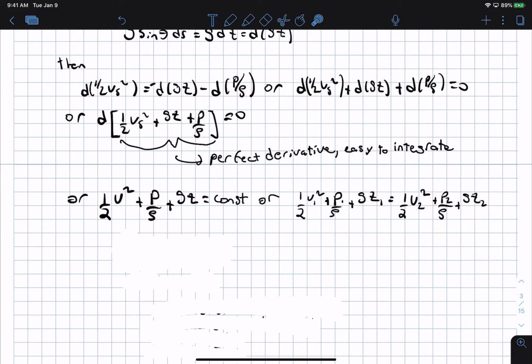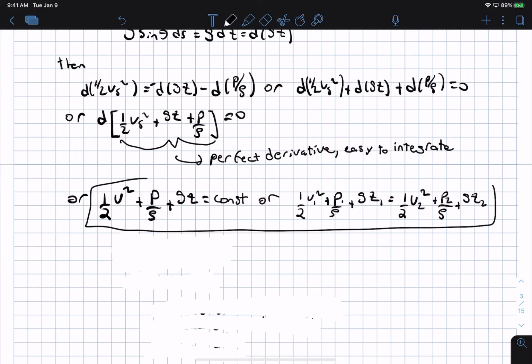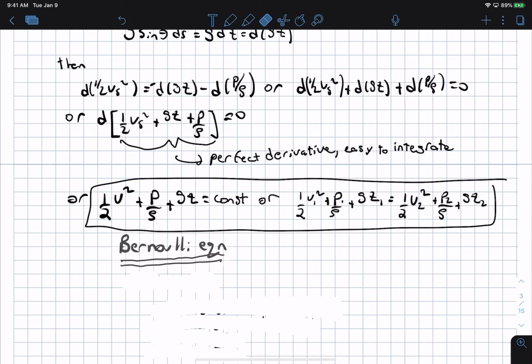Okay, and this here is the Bernoulli equation, which you guys have probably used quite a bit. So basically, this is how the Bernoulli equation is derived.